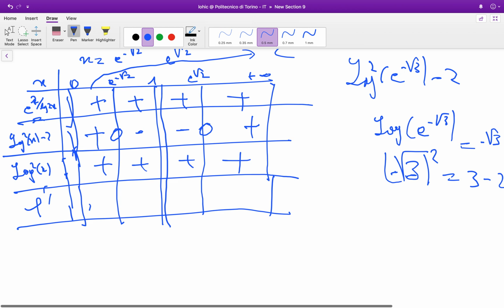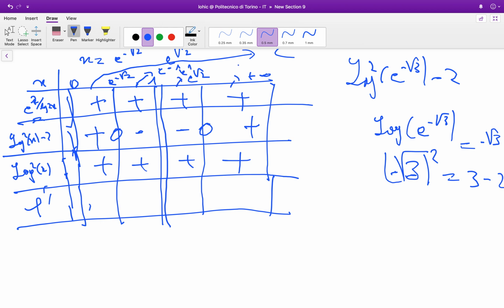For testing here, you can take exponential of minus 1. For testing here, you can take exponential of 1.